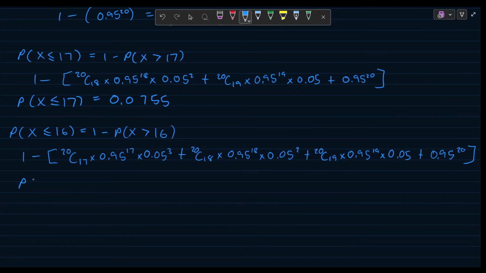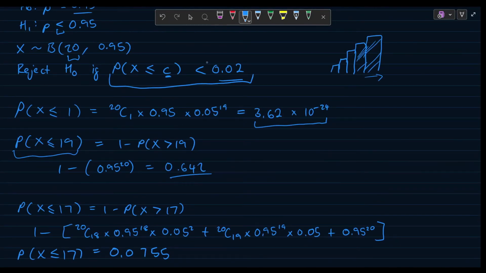Alright, so let's evaluate this. Let's punch this into the calculator. The probability that x is less than or equal to 16 is 0.0159. So let's compare this 0.0159 to our significance level. It is in fact less than our 0.02.